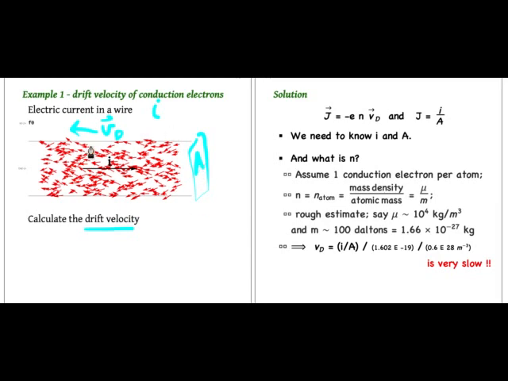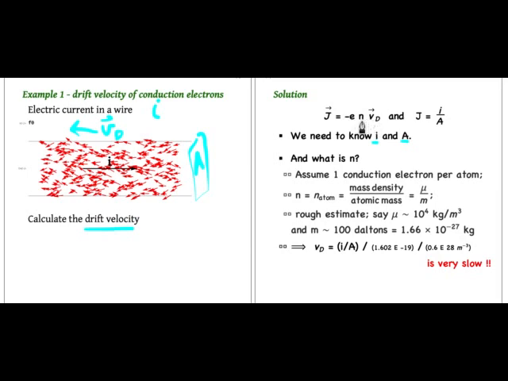So in order to solve the problem, we'll have to know the value of the current and the cross-sectional area. So I'll assume that I and A are given. Now I have these two equations. The current density is minus e n v sub d.